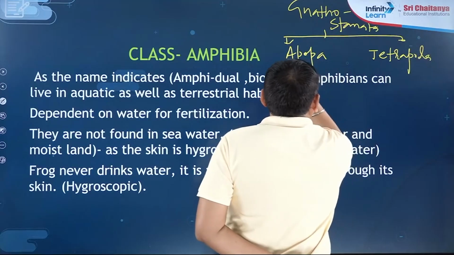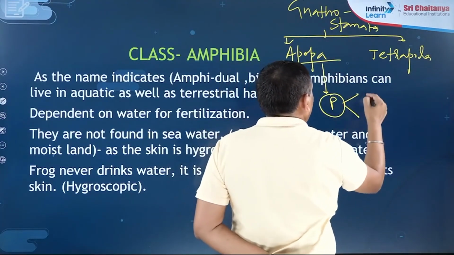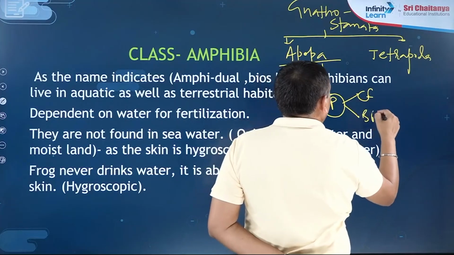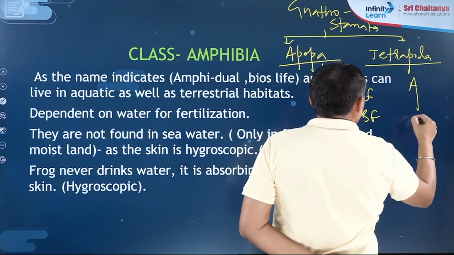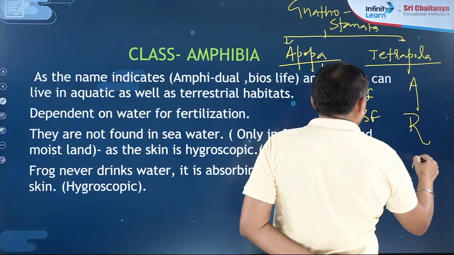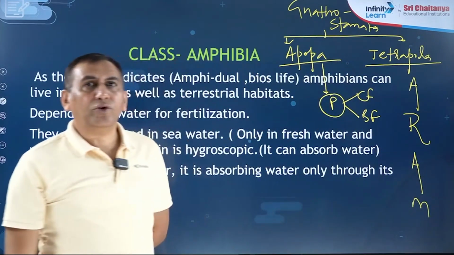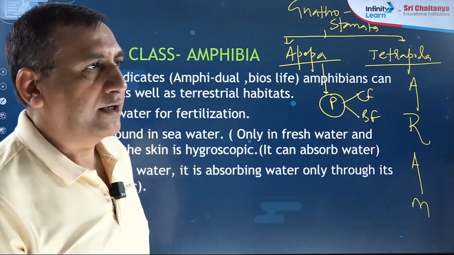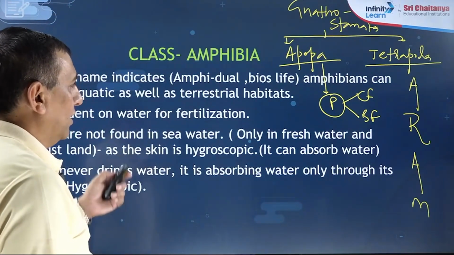Apoda includes one, the Pisces. We have discussed the cartilaginous fishes and bony fishes. Tetrapoda includes four: amphibia, reptiles, aves, and mammals. These are the four included in the tetrapoda.